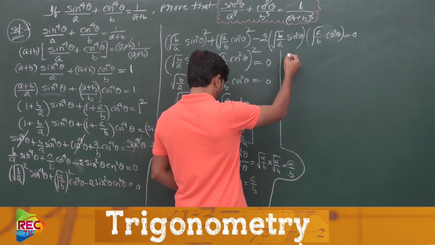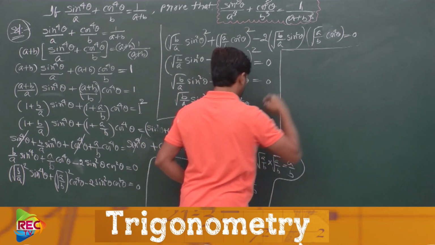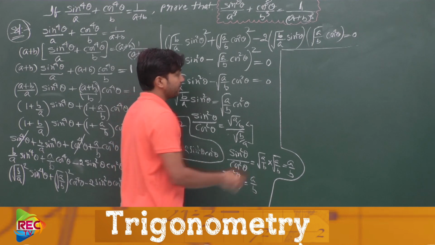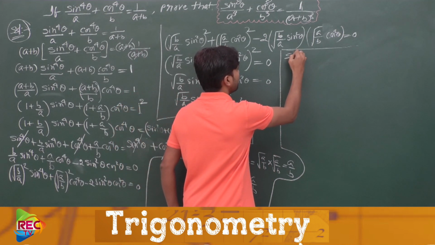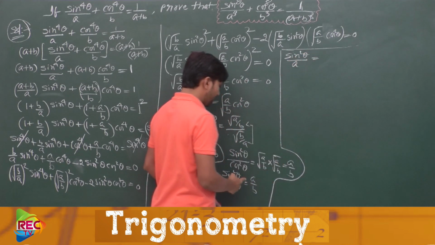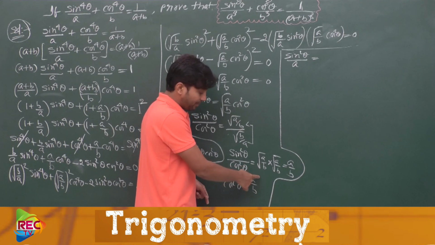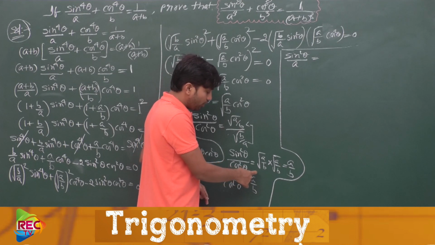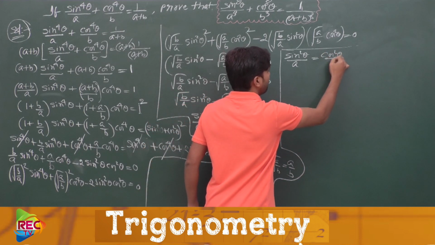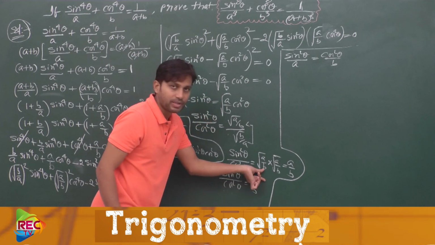Sin square theta by a equal to cos square theta by b. We are changing this a to this place and cos square theta to this place, right?